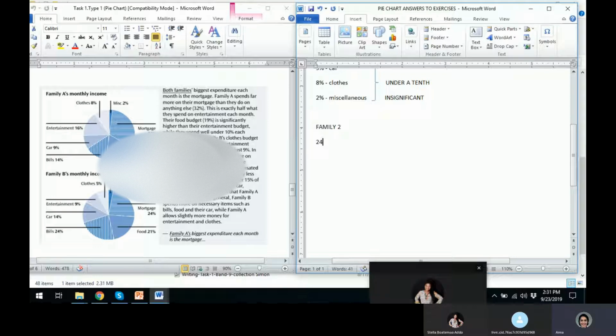Mortgage, 24%, followed by bills, also at 24%, followed by food at 21%, followed by car at 14%, followed by entertainment at 9%, followed by clothes at 5%, followed by miscellaneous at 3%.